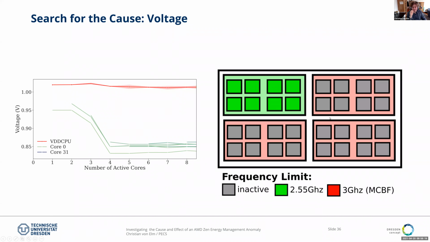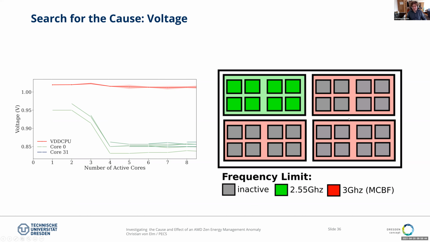And you might say, okay, but none of these cores are active right now. How can they have a frequency limit? What this shows is, if we think about the theoretical frequency limit, if one of those cores would become active it would have a frequency limit of 3 gigahertz because it would be the first core that becomes active.